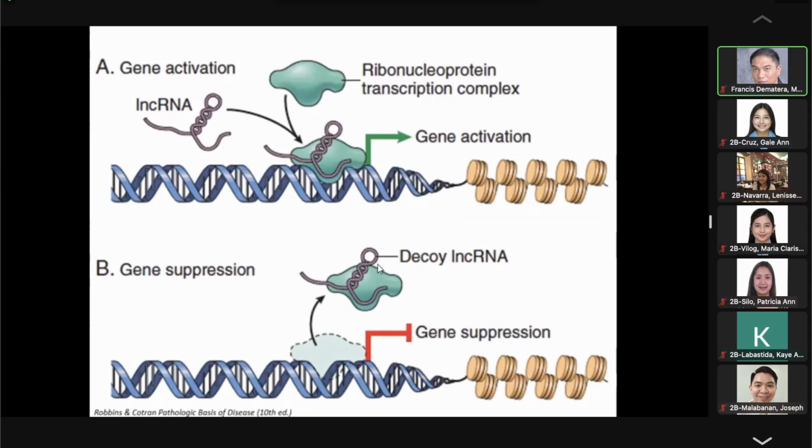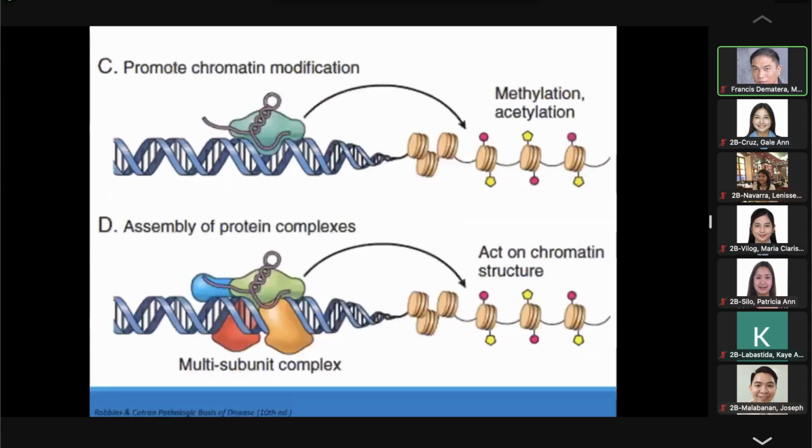Okay. They can also play a role in gene suppression. They bind the transcription factors to inhibit transcription, so that would lead to gene suppression. The binding of long non-coding RNA can also direct acetylation and methylation, and long non-coding RNAs can also stabilize complexes that already influence chromatin architecture or gene activity.